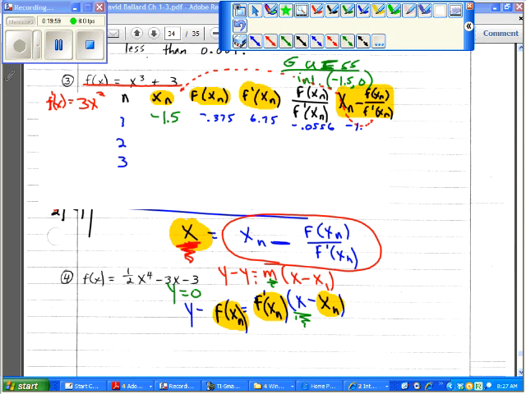And the last one, negative 1.444. Okay, so the next thing that goes into my x of n is going to be the negative 1.444, which wasn't too far from our guess. So we want to go back and plug in the negative 1.444.